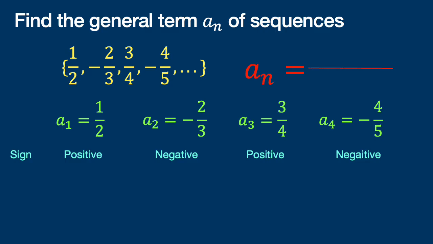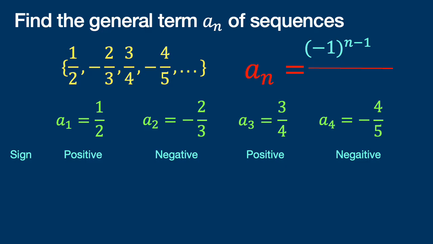First one is positive, second is negative, third is positive. I put negative 1 to the power of n minus 1. When n equals 1, 1 minus 1 is 0, negative 1 to the 0 is 1. When n equals 2, 2 minus 1 is 1, negative 1 to the first power is negative 1. There is not a unique way to write this sign term, but this is a general way to write it right there.